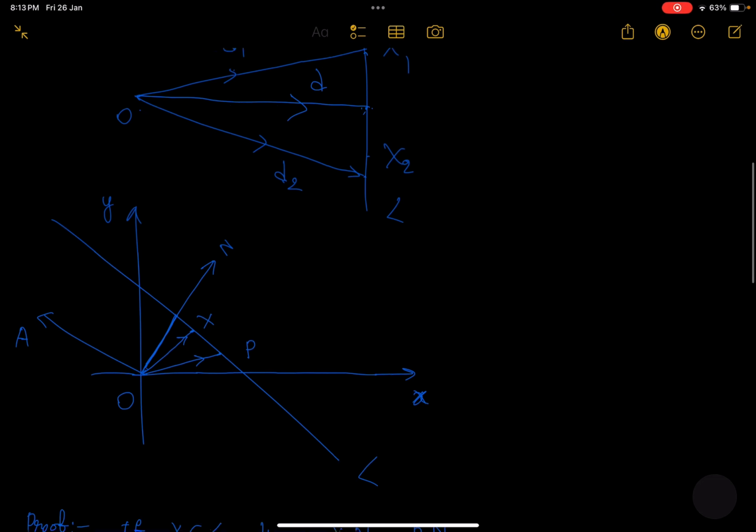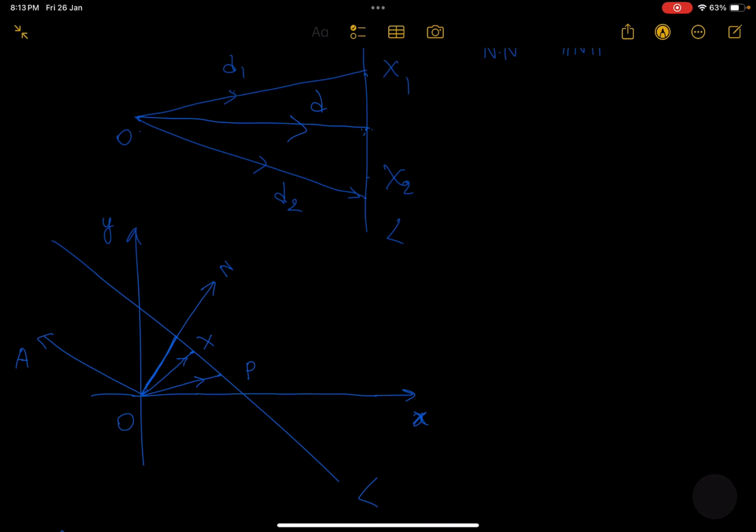In other words, if you see this picture, this is the x-axis and this is the y-axis. You have a straight line capital L, a point P on the line, and capital N as the normal vector. This capital A is the direction vector of the line L. Now you take any arbitrary point X, and this is the origin. We want to understand the distance from the origin to the line L. First we take some arbitrary point capital X, and we see that the distance from the origin to X always has a lower bound which is independent of the point.